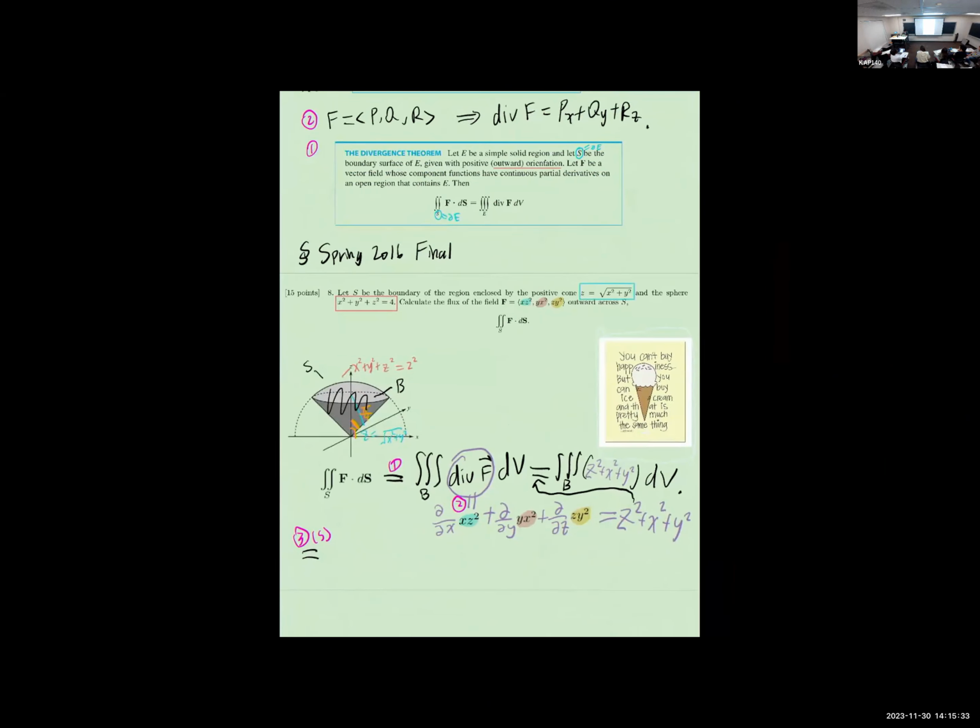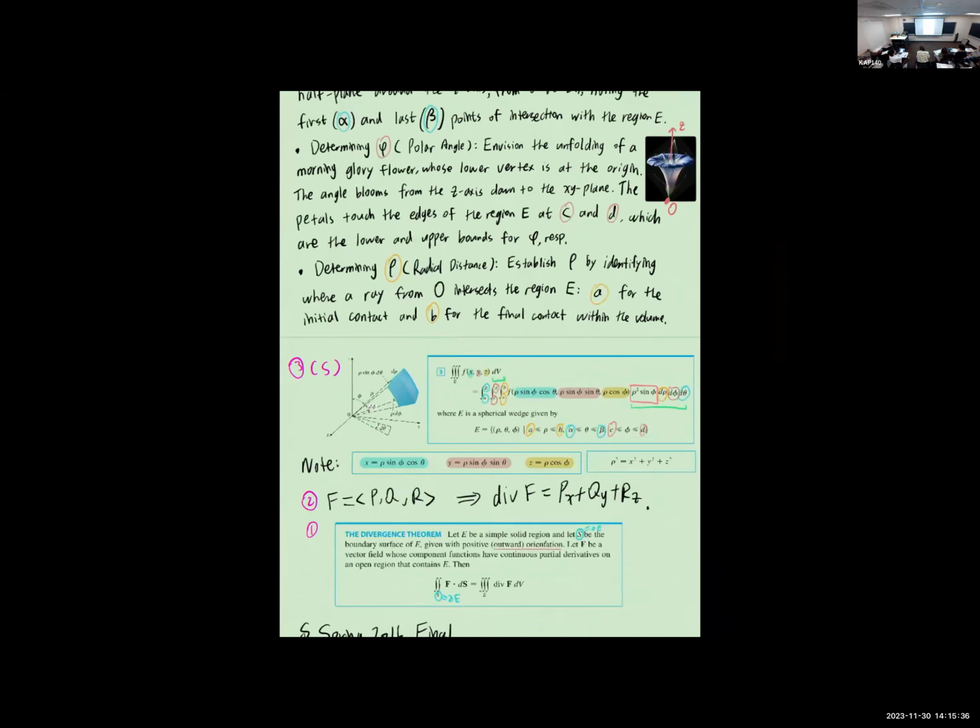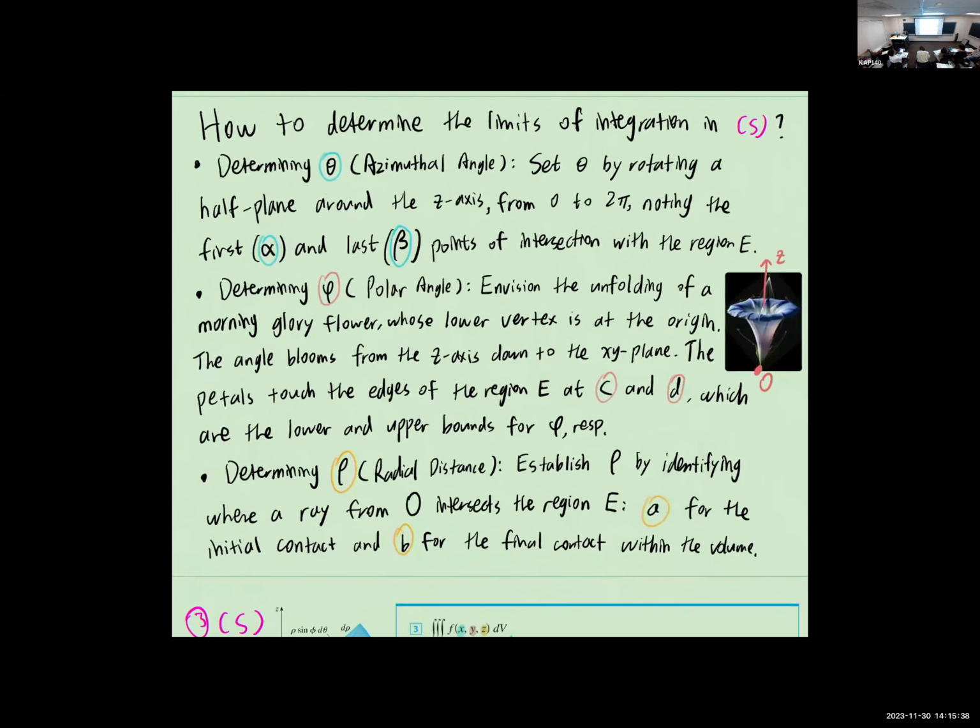I have included a very good way, actually the best way I know, to determine the limits of integration in this spherical coordinate system. It consists of 3 parts. First of all, we determine theta. Of course, you could determine the second polar angle phi first, but the order of the first two doesn't matter.